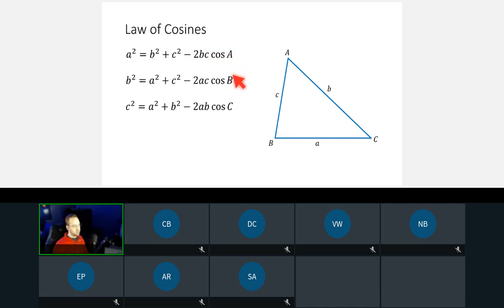So you can kind of see the pattern and how they construct the other two. So really, these other 2 equations, they're not different. They're just looking at a different angle, so it just looks different, but it's basically the same equation. Remember, big letter A, angle, lowercase a, side, just like yesterday.